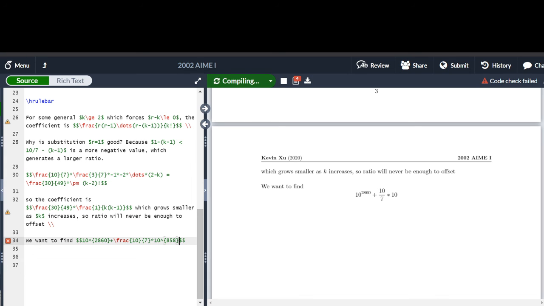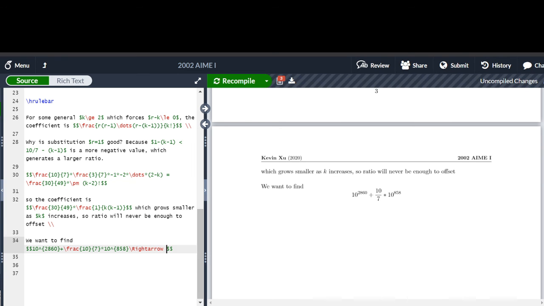And once again, 10 to the power of 2860 is an integer, so it does not affect our final answer. Therefore, this just goes to 10 to the power of 859 divided by 7.